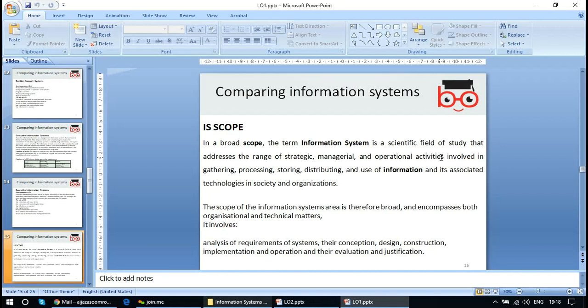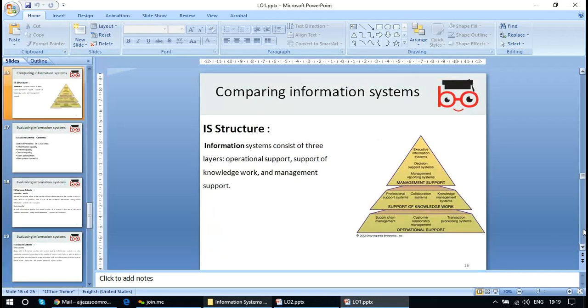So, for example, if I ask you what is included in the information system as in scope, then you would say it has the scope which covers the strategic, managerial, and operational activities, which helps gathering, processing, storing, distributing, and use of information and its associated technologies in society and organizations.